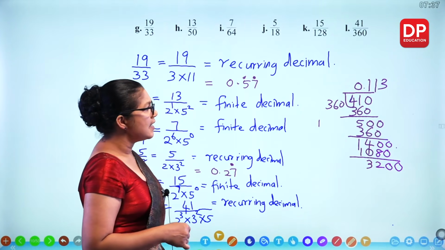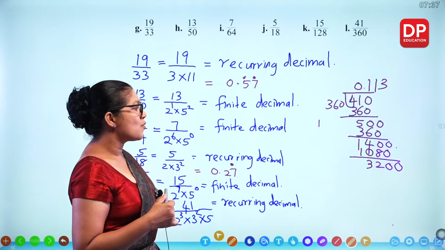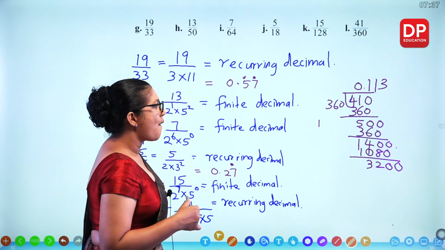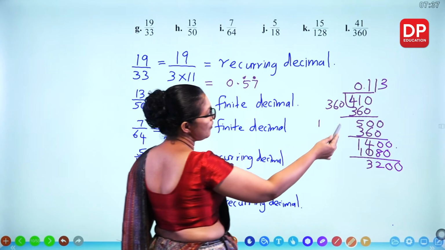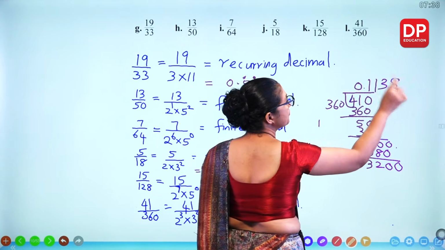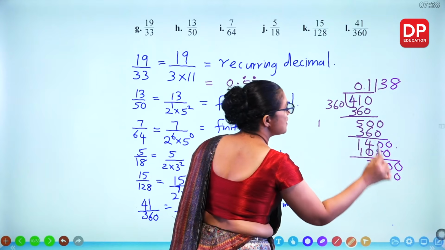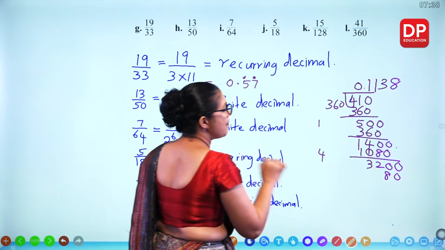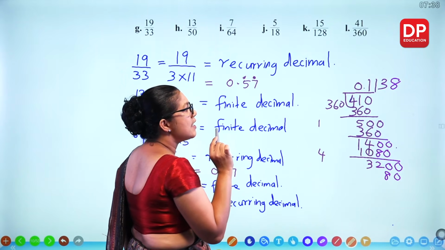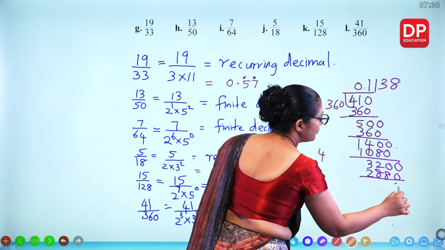Again, we'll divide. How many 360 is for 3200? Multiply by 8. 8 times 0, 0. 8 times 6, 48. 4 remaining. 8 times 3, 24 plus 4, 28.